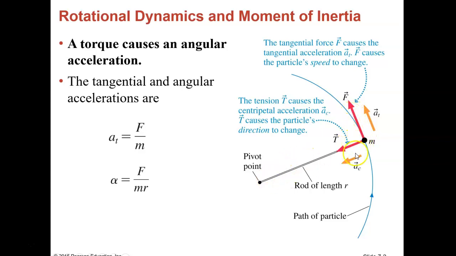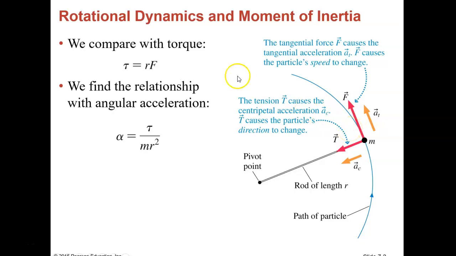So it's not the tension that causes the torque, it's the force that's being pushed on it to cause an object to rotate. So torque is radius times the force that you're applying to make it rotate. And we can find angular acceleration: it's torque divided by mass times the radius squared.